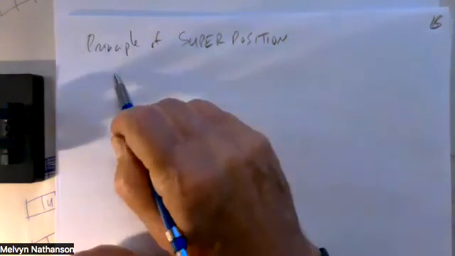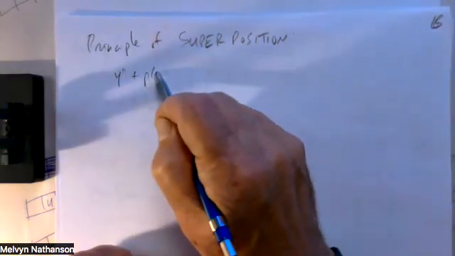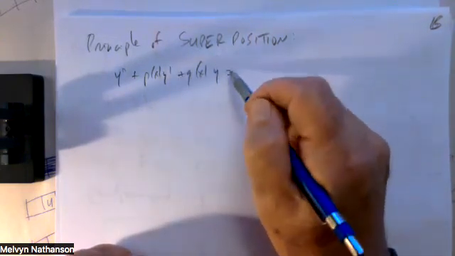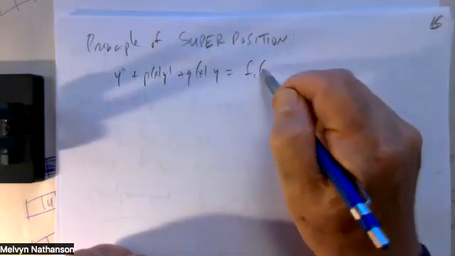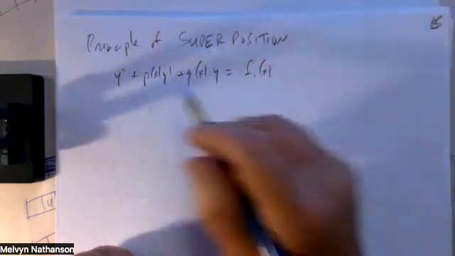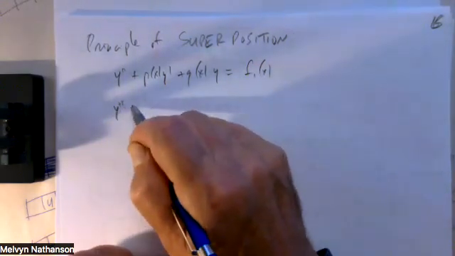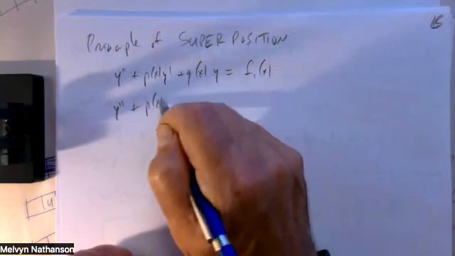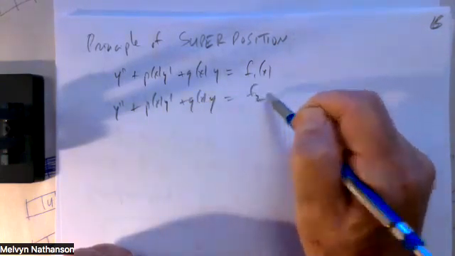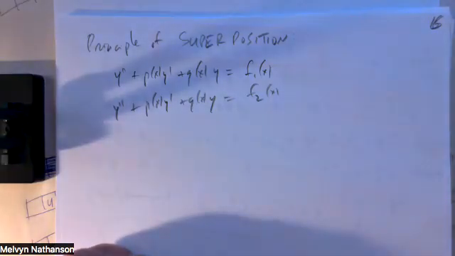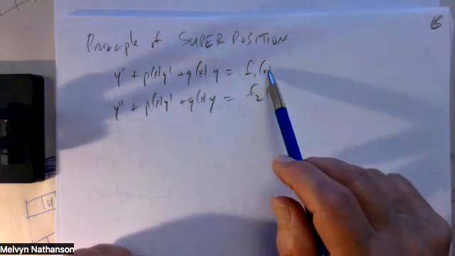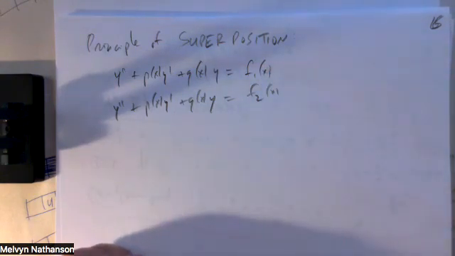Suppose we have y double prime plus p of x y prime plus q of x y equals f1 of x. So this is one non-homogeneous second order equation. And y double prime plus p of x y prime plus q of x y equals f2 is a different second order equation. The left-hand sides are the same, but we have different forcing functions on the right-hand side.